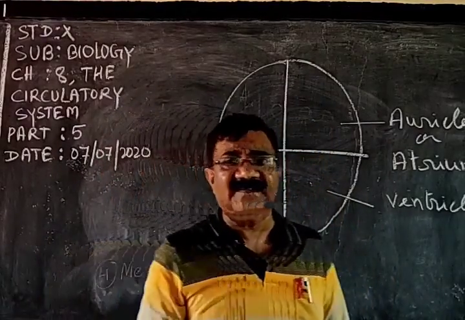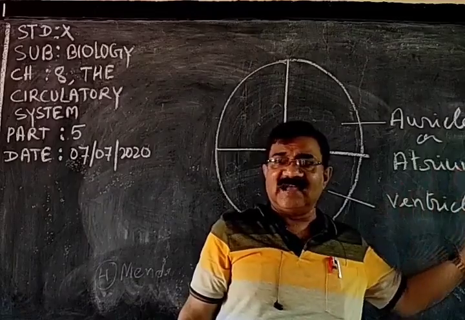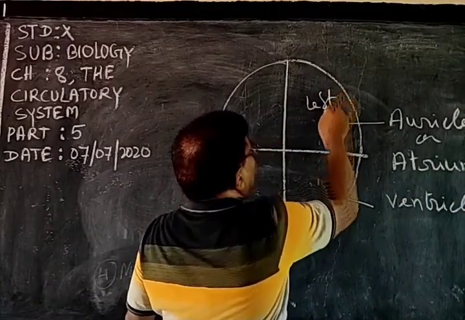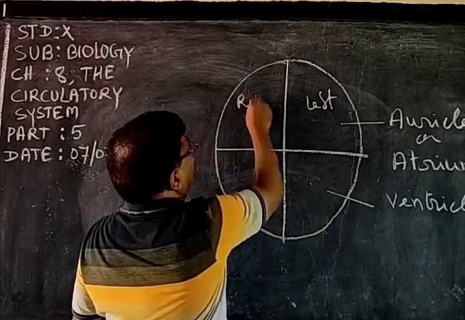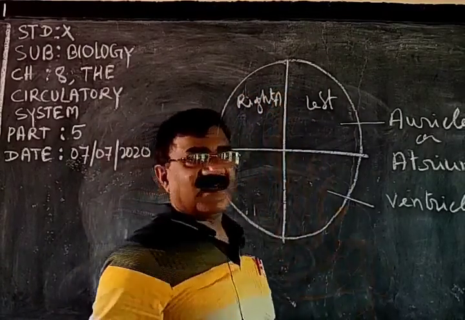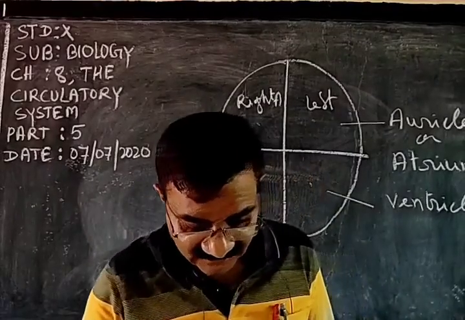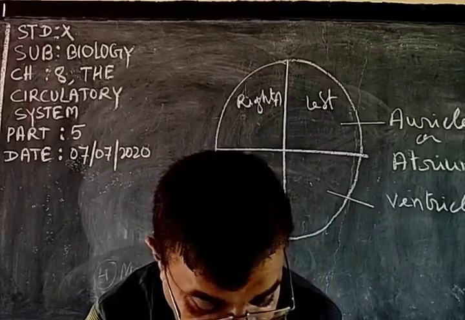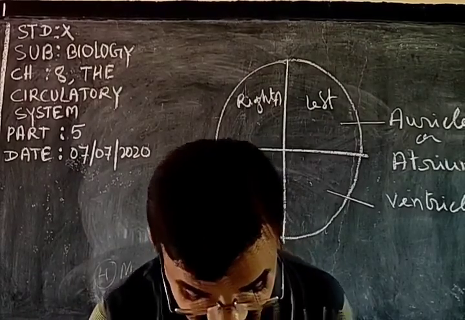If I will stand like this, it will go this side. So this is left auricle and this is right auricle. So left and right part is clear, that which part of the heart is left and which part is right.